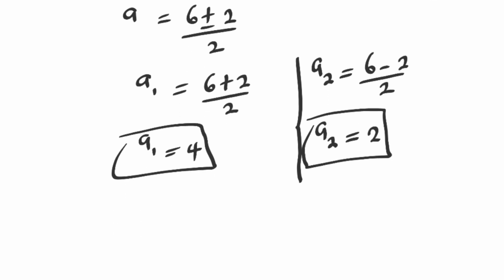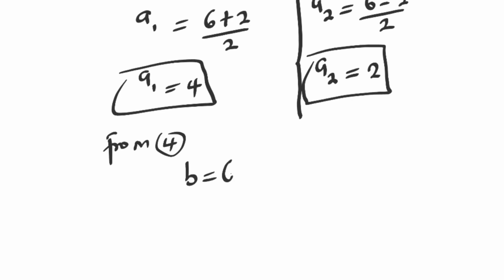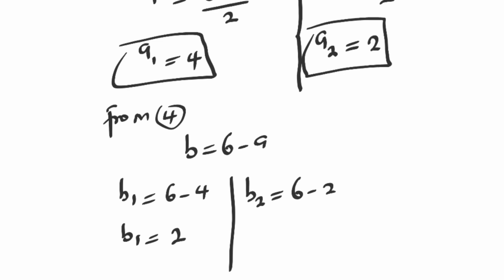Now, also to solve for b from equation 4, that is b is equal to 6 minus a. Then b1 is equal to 6 minus a1, that is 6 minus 4, b1 is equal to 2, or b2 is equal to 6 minus 2, that is 4. b2 is equal to 4.